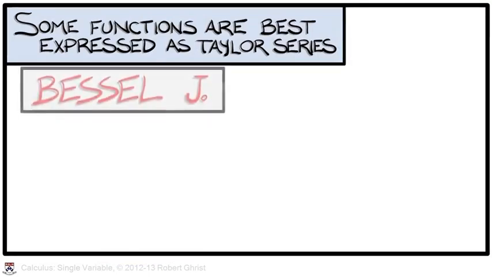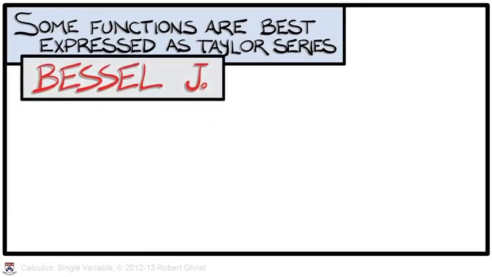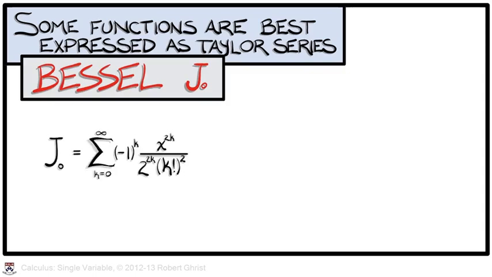Indeed, some functions really can't be defined well except as a Taylor series. Here's an example that I'll bet you've never seen before, though it's a famous function. This is the Bessel function, J0, that is most easily defined in terms of its Taylor series as the sum, k goes from 0 to infinity, negative 1 to the k, times x to the 2k over 2 to the 2k times k factorial quantity squared.